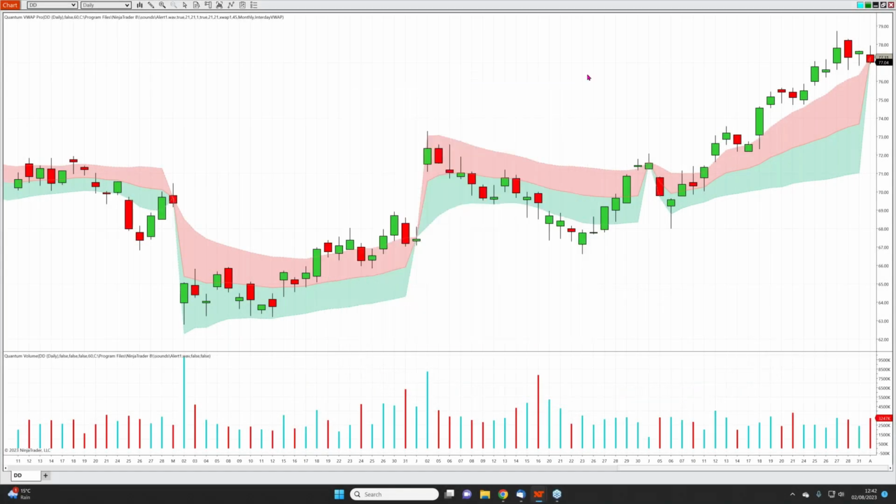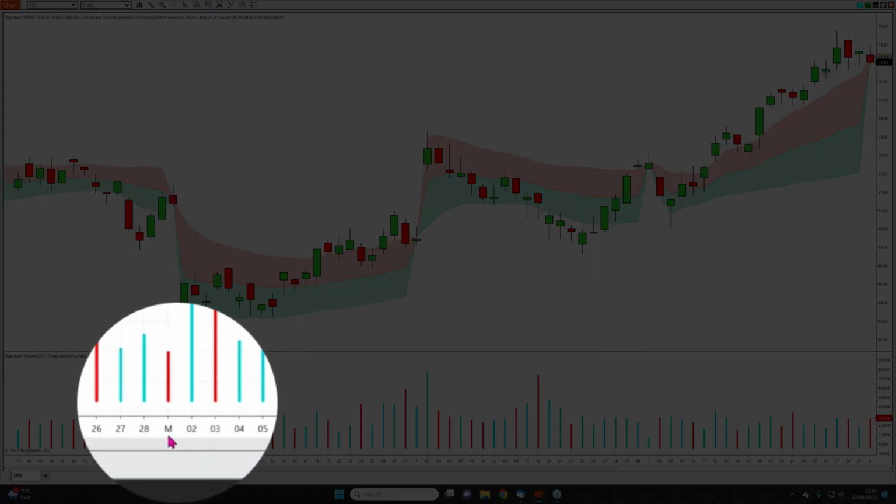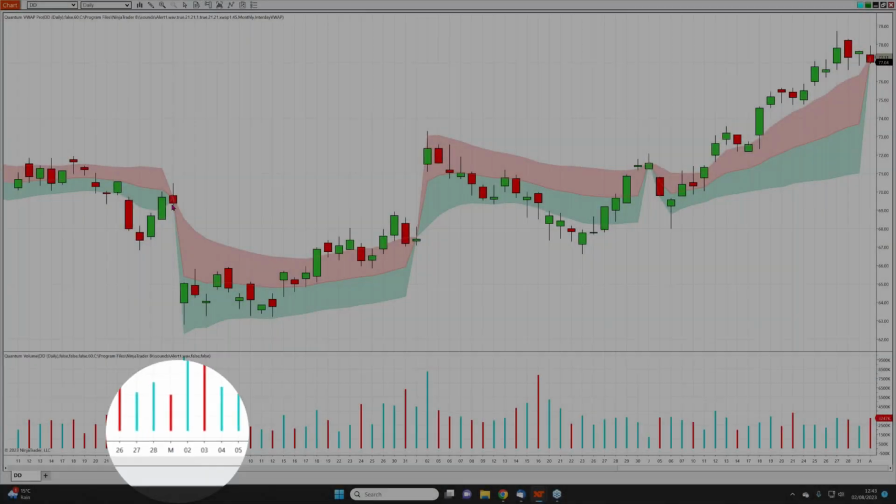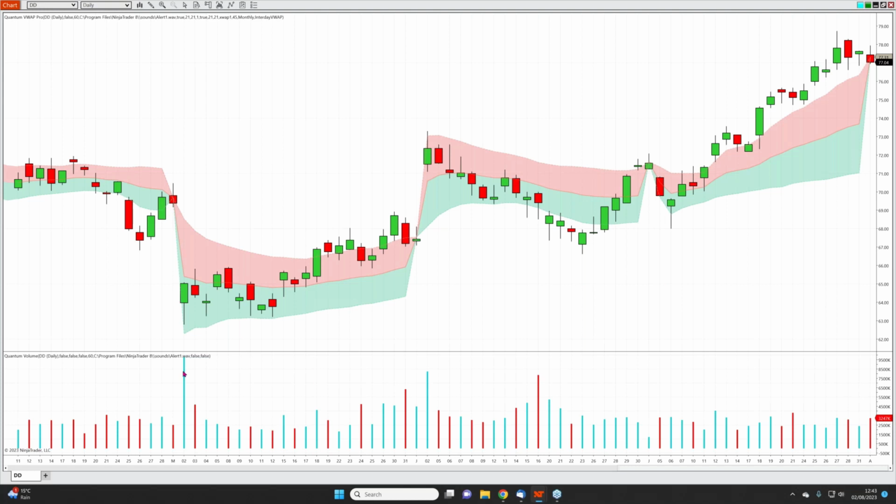And if I click that off, you can see up here, we are on a daily time frame. We're on a stock with the ticker DD, which is DuPont. And if you look down at the bottom here in terms of the time frames, you will see that as we go through every month, the indicator resets itself.